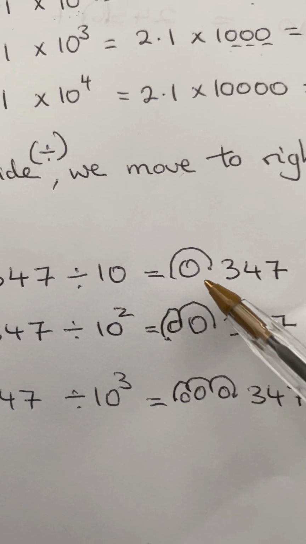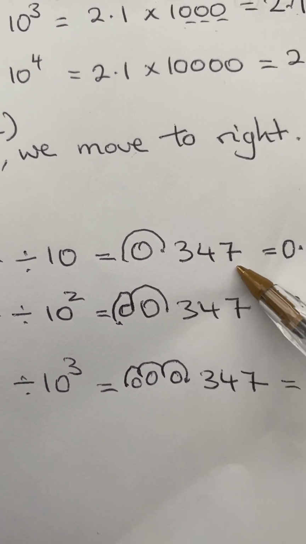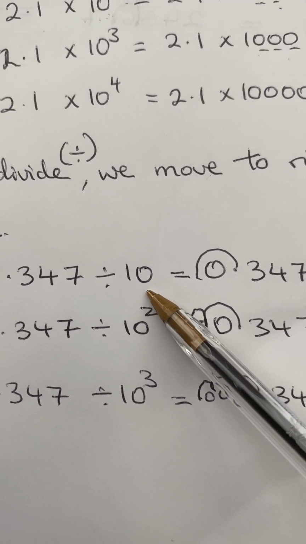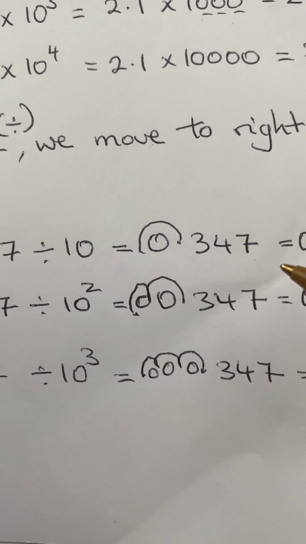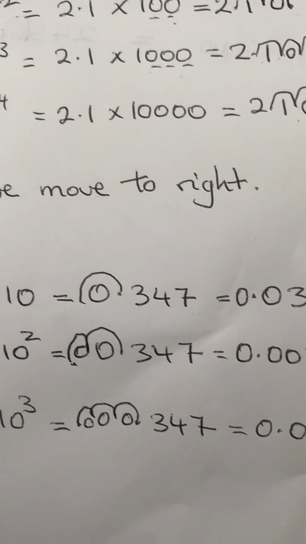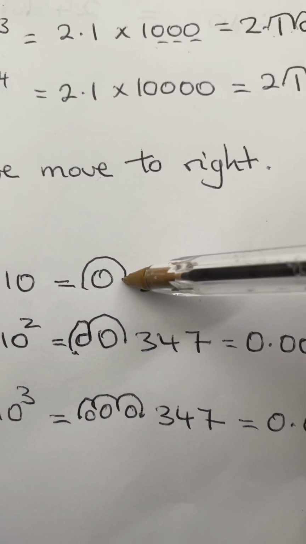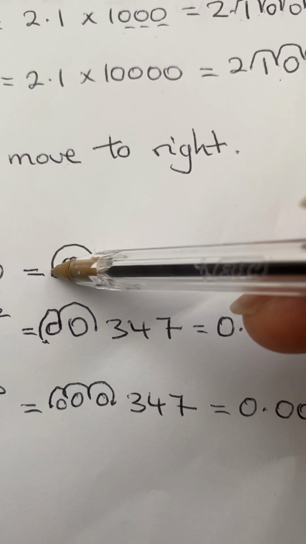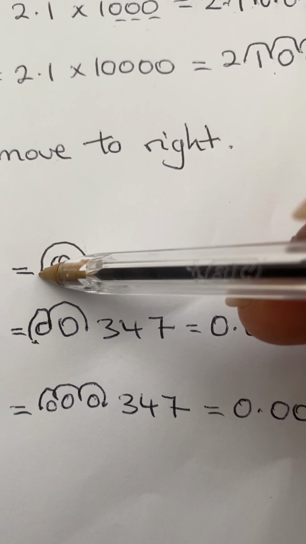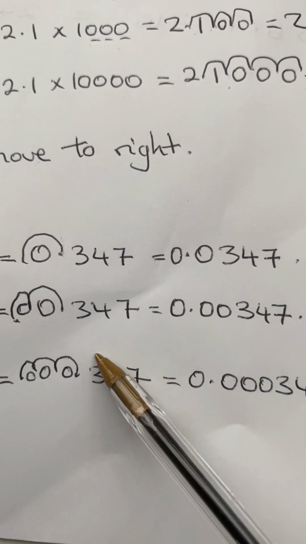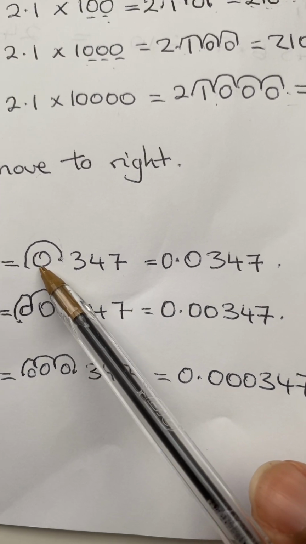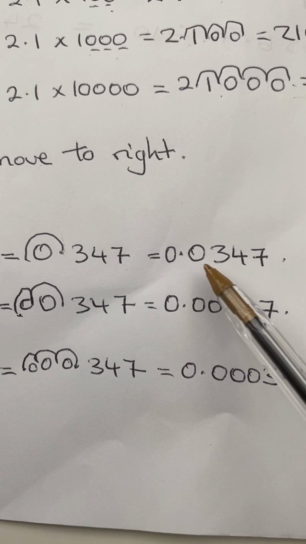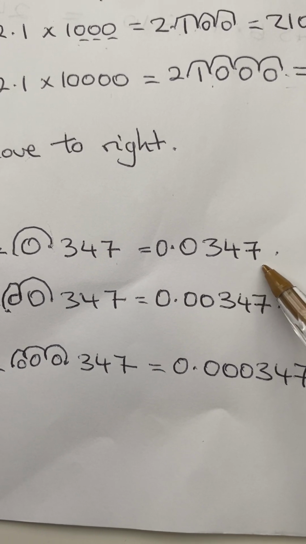So now we have 0.34, but 10 has only 1 zero. So we are going to move it one step backwards. This is where my decimal is. If I make one loop backwards, the new decimal place is here. So my new answer, if you look at it carefully, will be 0.034.